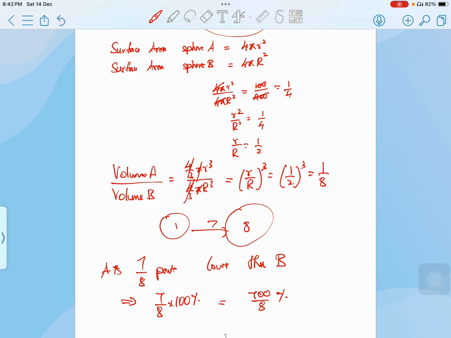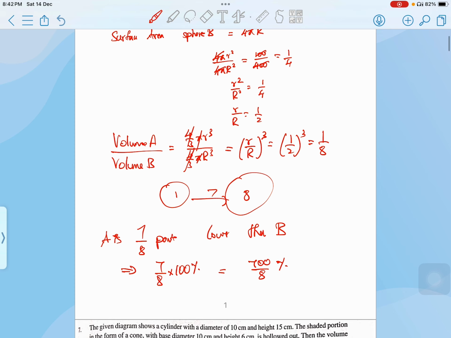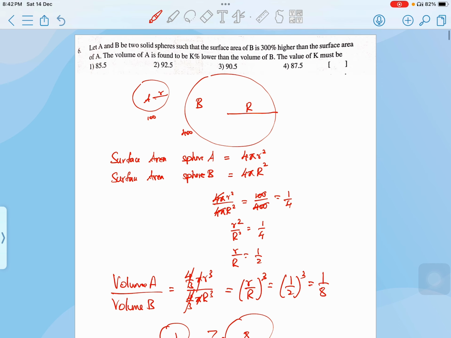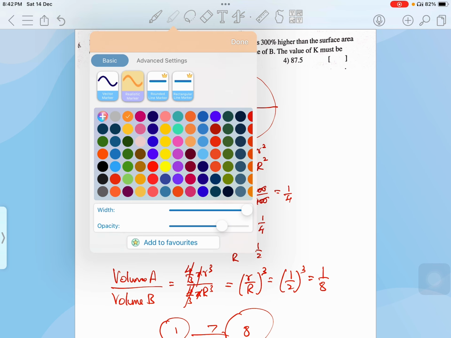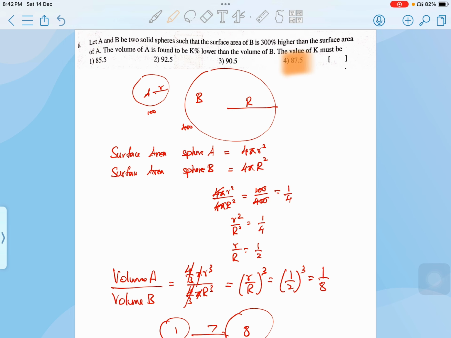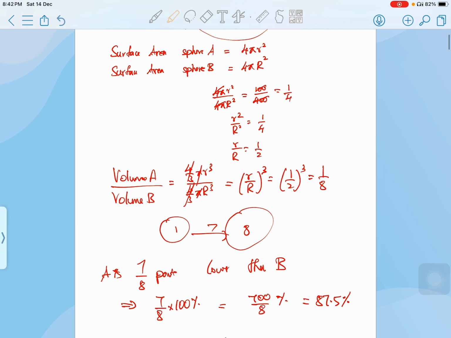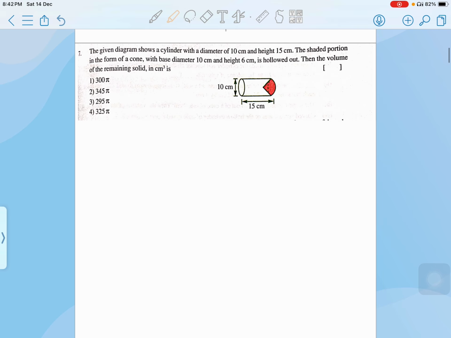So when you divide 700 by 8, you will get 87.5 percentage. So that is your option 4. Okay, we'll go to the next one.